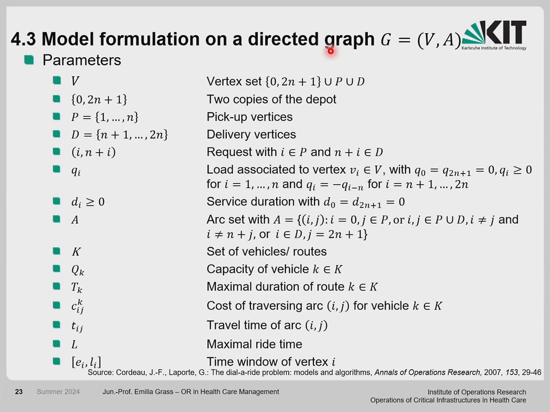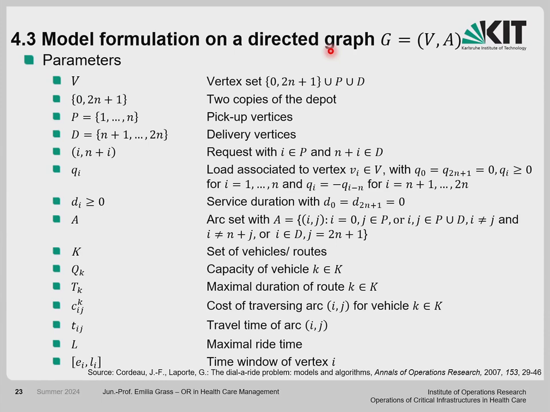You have n nodes where you pick up the patients, and then you have destination nodes 4, 5, 6, where you have to deliver these patients, and this is n plus i. And then you go back to the depot, which is then 7. This is your final destination.